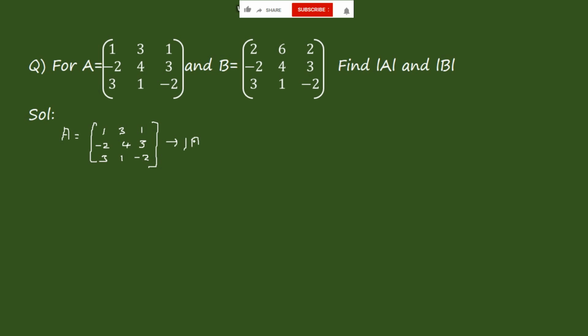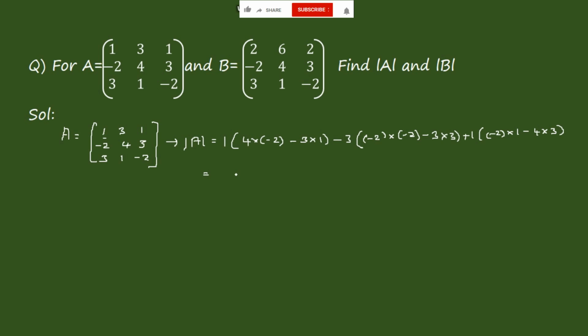So the determinant of A is, consider the first term, 1 into (4 into -2 minus 3 into 1). Then the second term, minus 3 into (-2 into -2 minus 3 into 3). Consider the third term, plus 1 into (-2 into 1 minus 4 into 3).